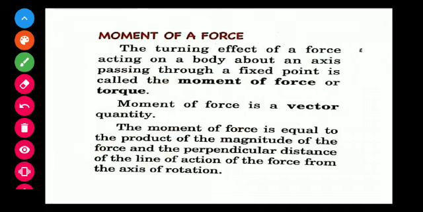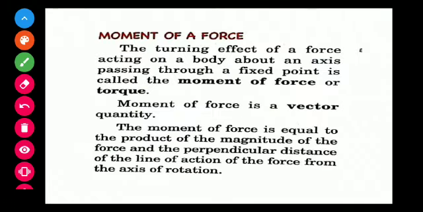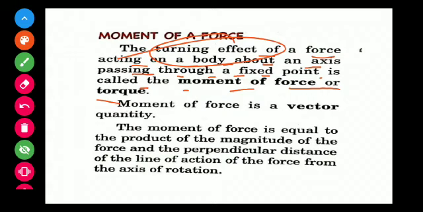This slide is from your book. The turning effect of a force acting on a body about an axis passing through a fixed point is called moment of force. This is your keyword: turning effect.